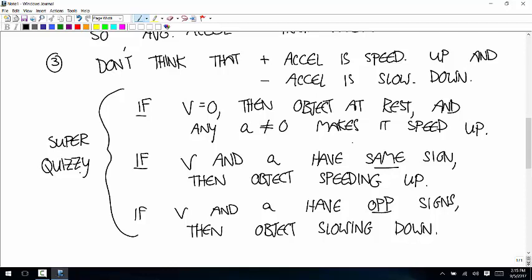Okay, what about a pop fly on the way up, going straight up into the air? Is it slowing down or speeding up? Right after you hit it, it's going straight up into the air, eventually it's going to stop. So it needs to be slowing down, right? So on the way up, it's slowing down. If the positive direction is up, what's the sign of the velocity? Positive. It's slowing down, so what's the sign of the acceleration?